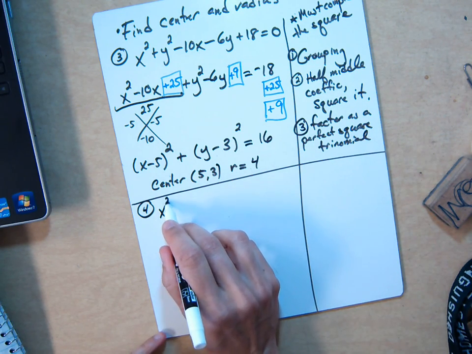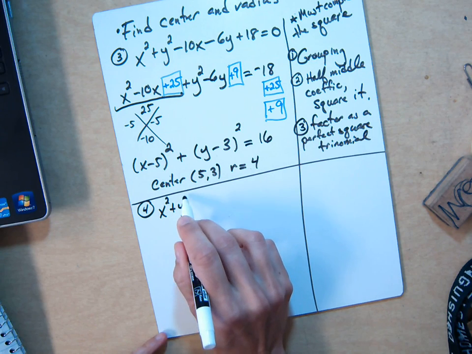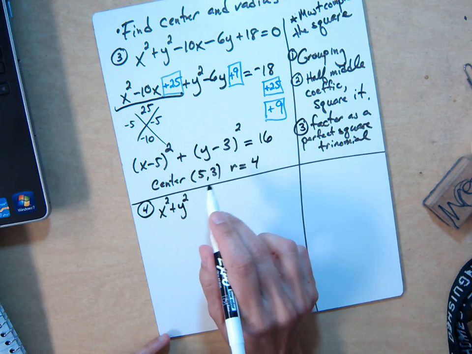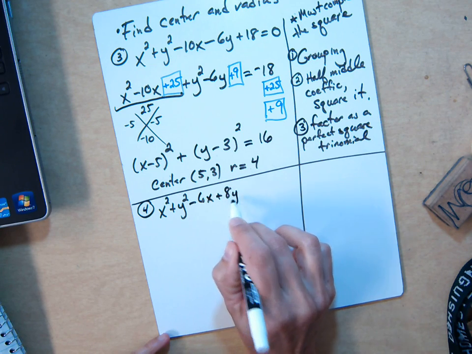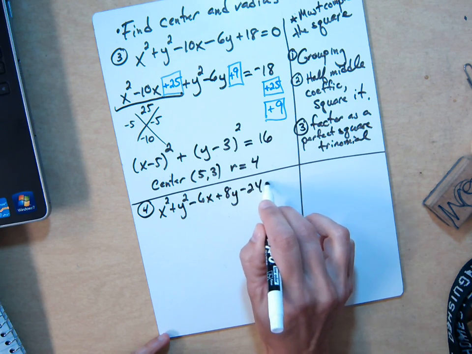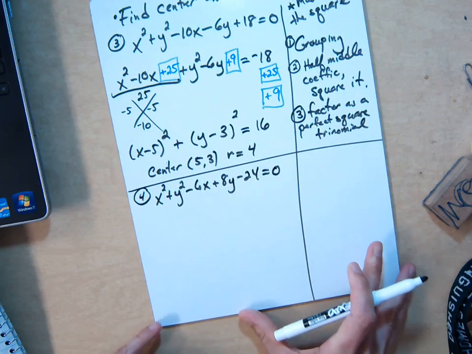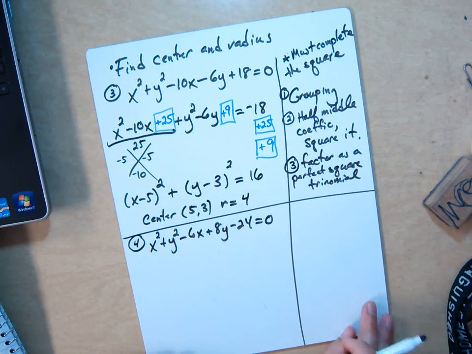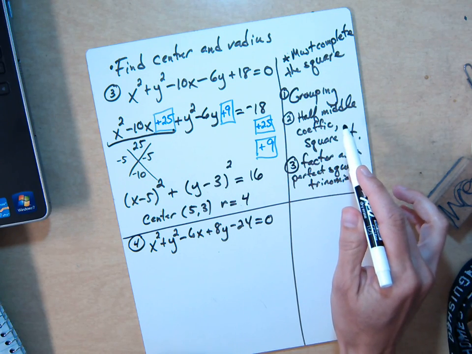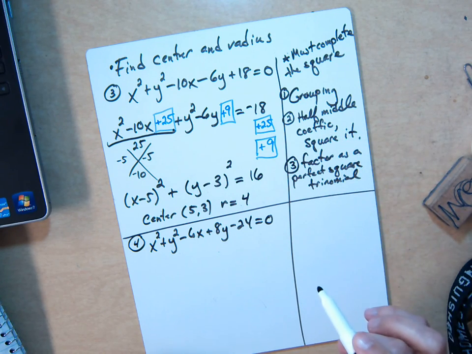So our last example for the day: x squared plus y squared minus 6x plus 8y minus 24 equals 0. So we're going to do steps 1, 2, and 3. 1 is grouping, 2 is complete the square, 3 is factor.